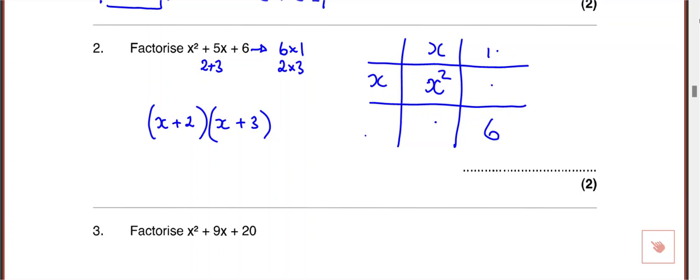Therefore, it can't be plus 1 and plus 6. Therefore, I need another option. So you can see here, we did 6 and 1, but actually another way of making 6 is plus 2 and plus 3. That also makes 6. Now, these would be plus 2x and plus 3x. Those do add to make plus 5x.